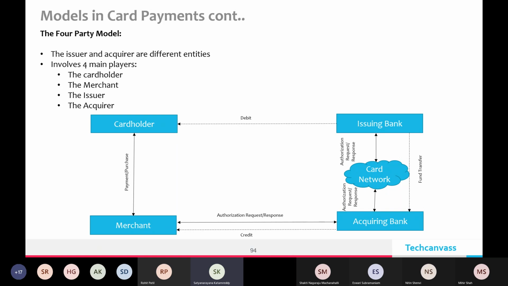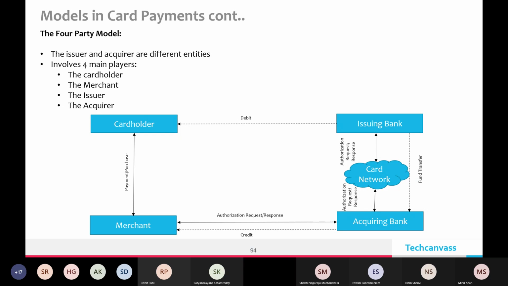How does the card network identify and route it? It has the card number, right? Through the card number, it identifies who is the issuer of the card, and it routes it to the issuing bank. The request comes from the merchant bank, the acquiring bank, to the card network. Your card number is a unique 16-digit number.